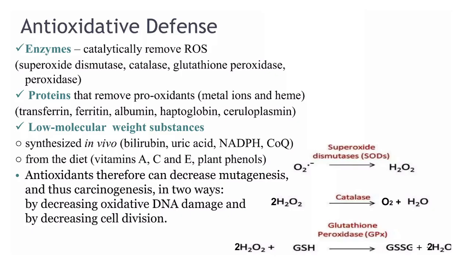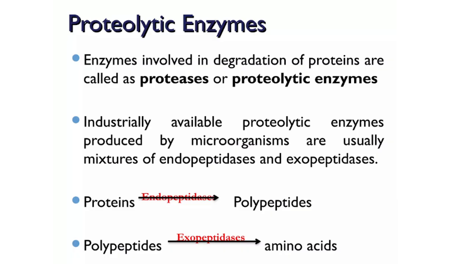Antioxidants can decrease mutagenesis and thus carcinogenesis in two ways: by decreasing the oxidative DNA damage and by decreasing the cell division. Now, proteolytic enzymes are enzymes that are involved in degradation of proteins, called the proteases. Industrially, these are widely available and are produced by microorganisms, usually as mixtures of endopeptidases and exopeptidases.